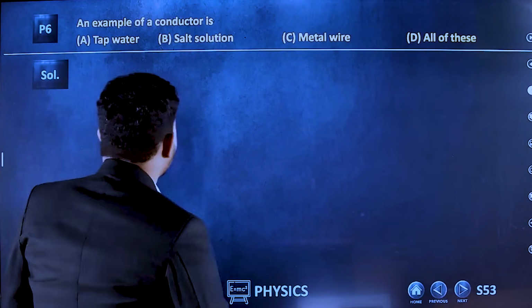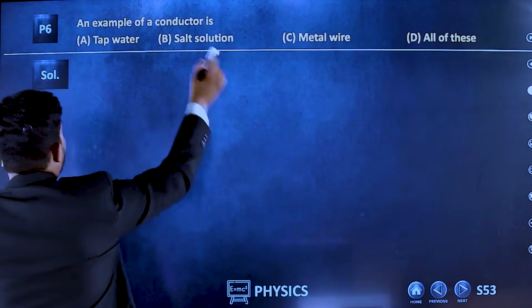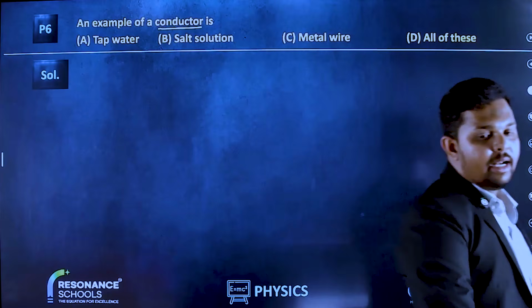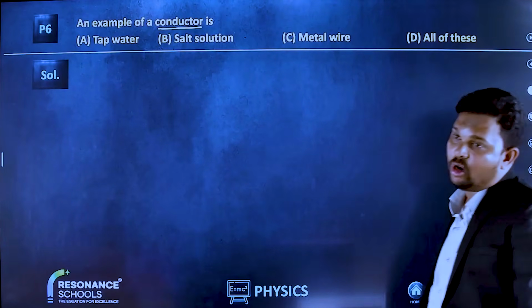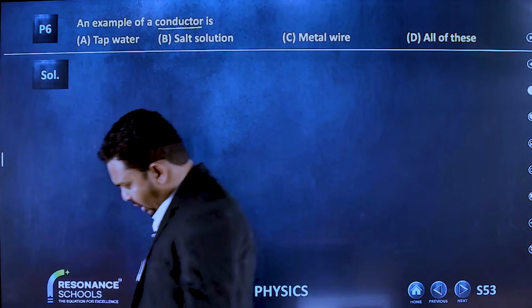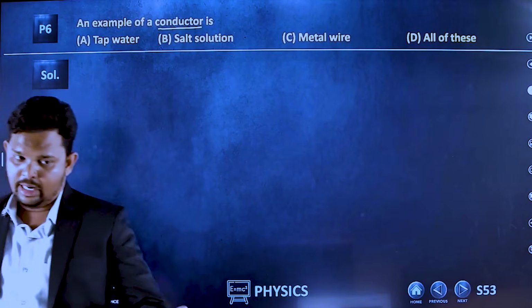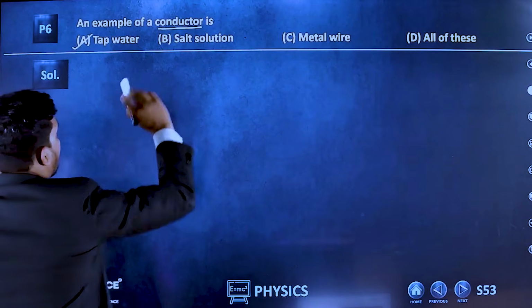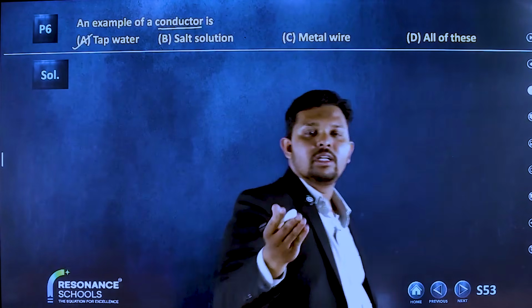Okay, fine, let's go with this case. An example of a conductor. First, what is the definition of a conductor? Which allows the current to pass through them. Tap water allows the current to pass through it. Yes, this is absolutely correct. But salt solution also allows the current to pass through.